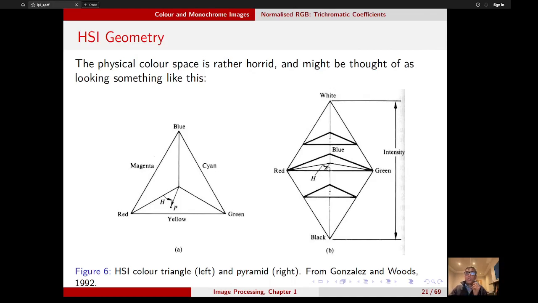The notion of hue effectively specifies a color.